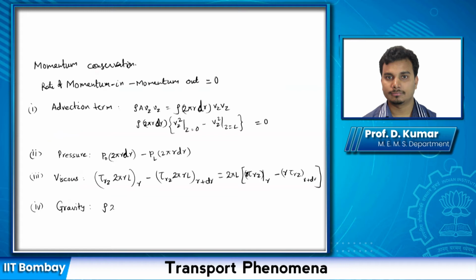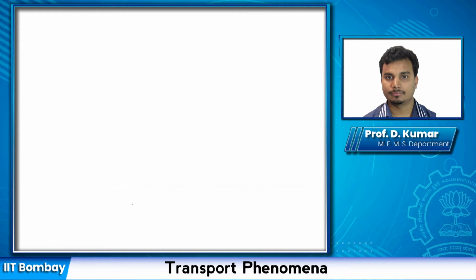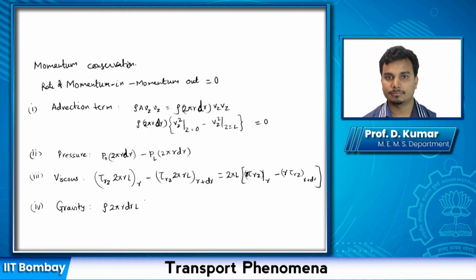The volume will be 2 pi r dr L. This is your density, volume, and then g. Okay. So just to simplify, you can write 2 pi r L dr g and so on. So it's the same thing. Okay. So this term we don't need to consider. This is already taken care of. So we will have 3 terms, 1, 2, 3 in your momentum conservation. Okay.